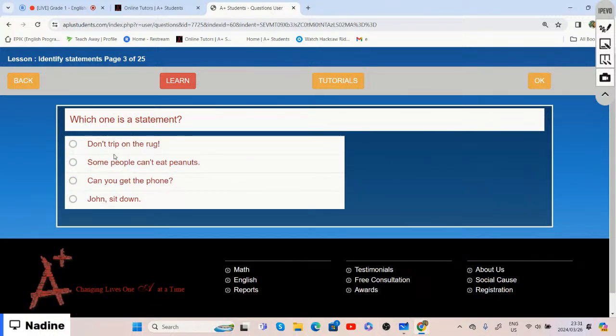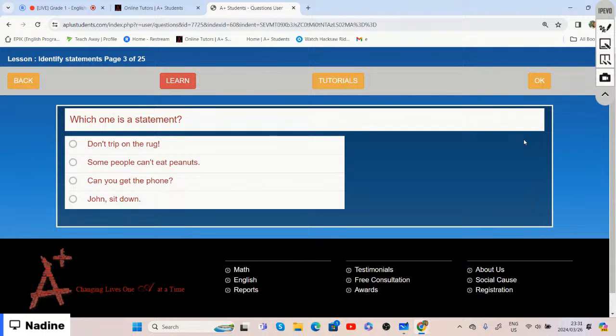All right. Now let's try again. Remember, we said a statement ends with a period, a full stop. Here the option one says don't trip on the rug. The next one says some people can't eat peanuts.